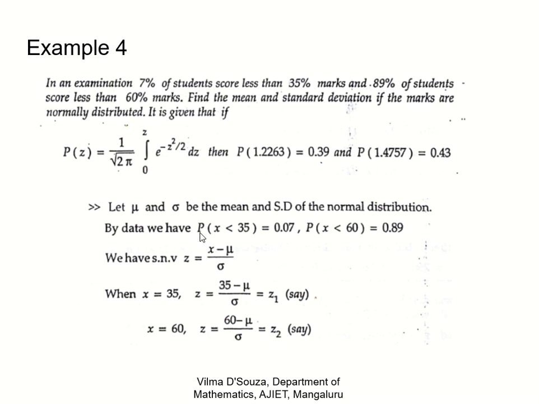So you are given the probability. So P of x less than 35 is equal to 0.07 now becomes P of z less than z1 is equal to 0.07. Corresponding to x is equal to 35, you have z is equal to z1. So this equation will become P of z less than z1 is equal to 0.07, and this will be P of z less than z2 is equal to 0.89.